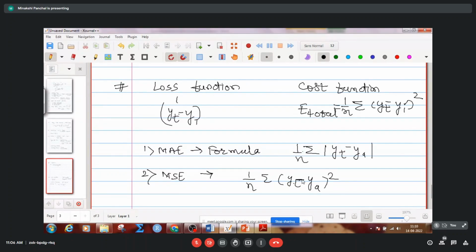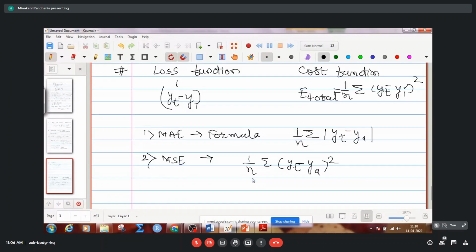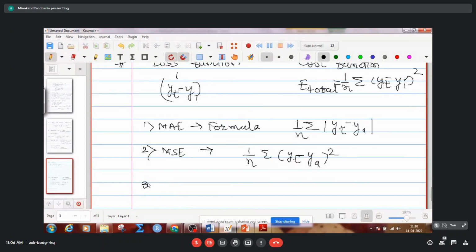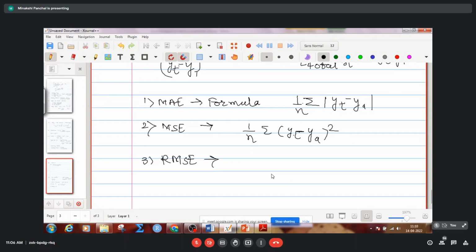Handling MAE many times will be difficult because of non-differentiability. MSE can be used as it is a differentiable function. So MSE is widely used. And the third one is RMSE; again we can write the formula, only the square root of this we are taking, just to adjust for the unit here.